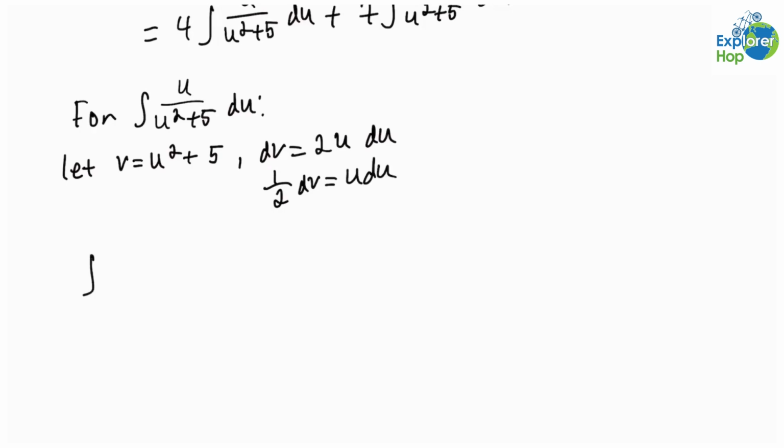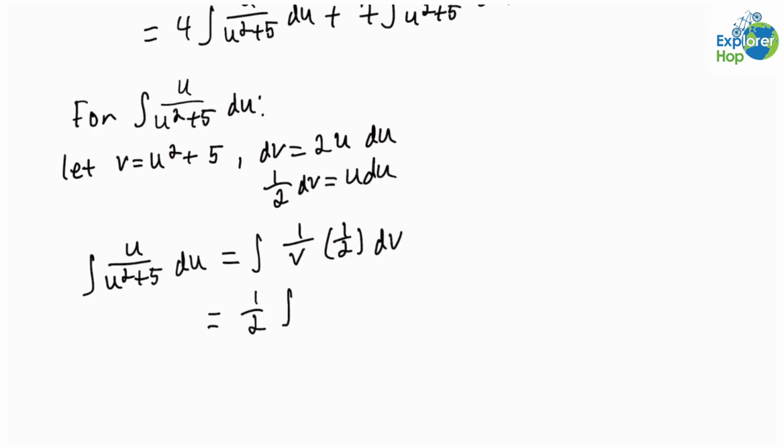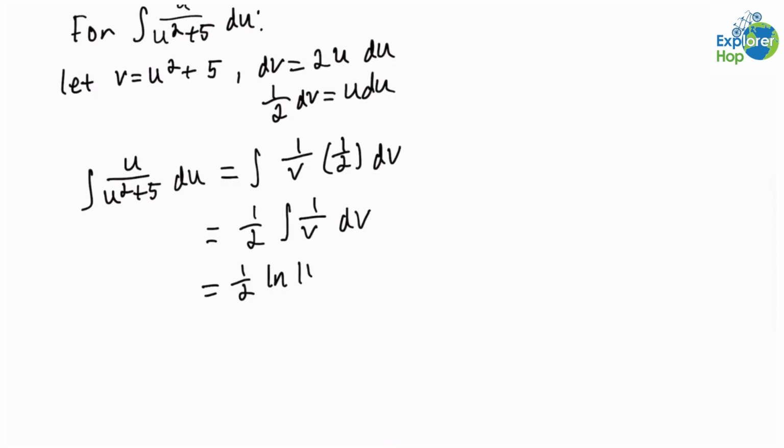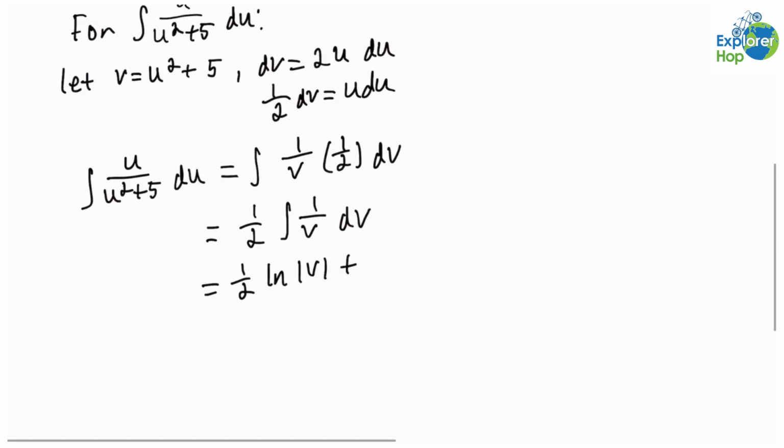So the integral of u over u squared plus 5 du is equal to the integral of 1 over v times 1/2 dv, which is equal to 1/2 times the integral of 1 over v dv. And this is equal to 1/2 times ln of the absolute value of v plus some constant c.